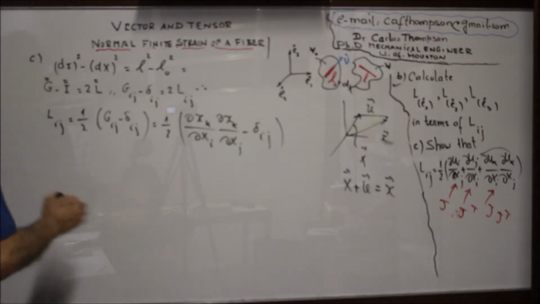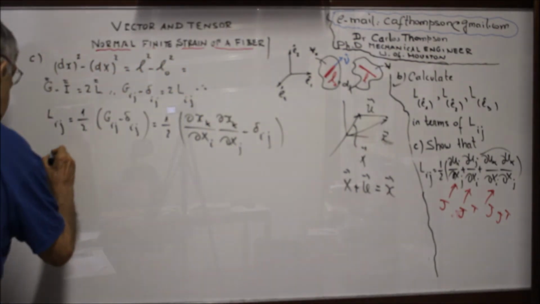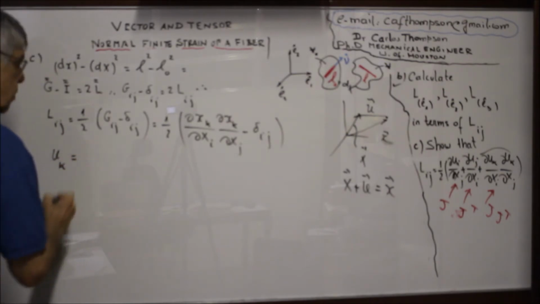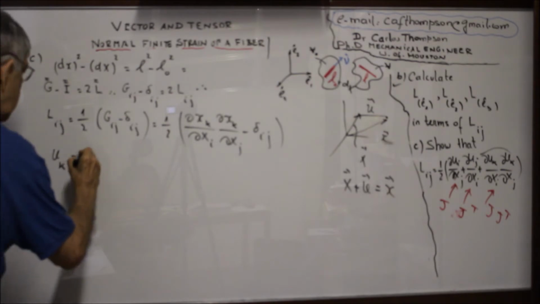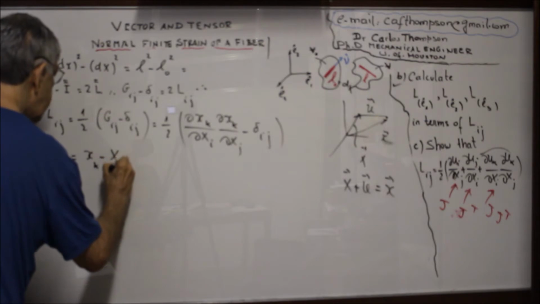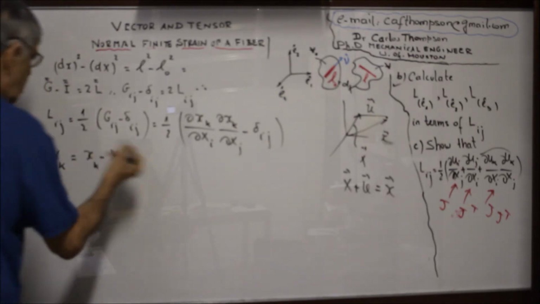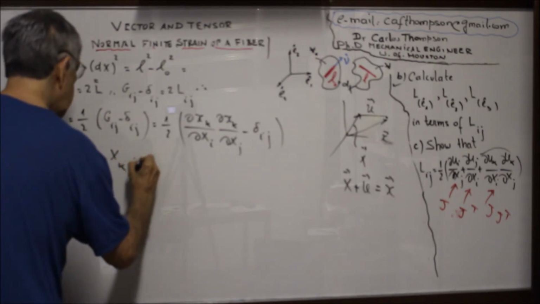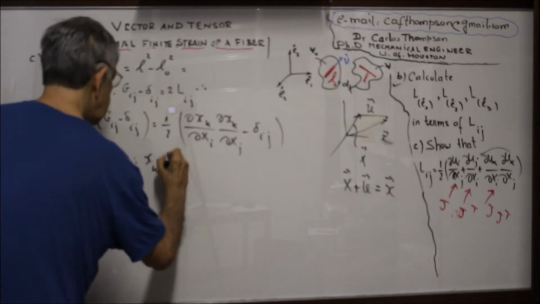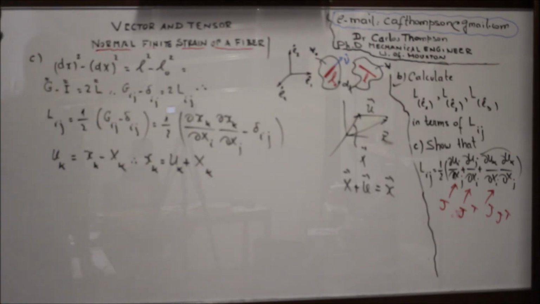Now from here, you can express U. Let's put here, for instance, u_k is equal to x_k minus capital X_k. Or if you want, x_k is equal to u_k plus capital X_k.